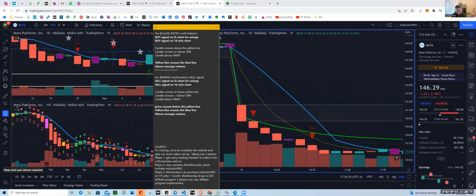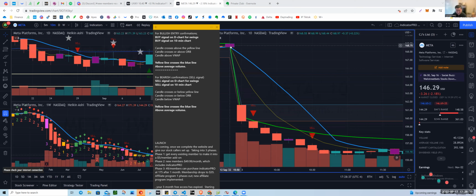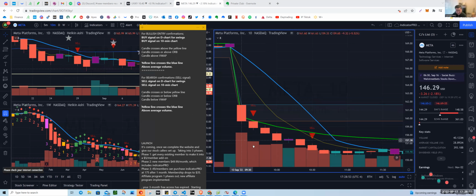So you don't need to count this twice, but you do want to make sure that the yellow line has crossed over the blue line. And in this situation, it actually happened way back over here. So that's a clear confirmation of a definite crossover. And you want to see volume that is above average. And sure enough, if you were to look at the volume before, you'll notice that it is definitely above average.